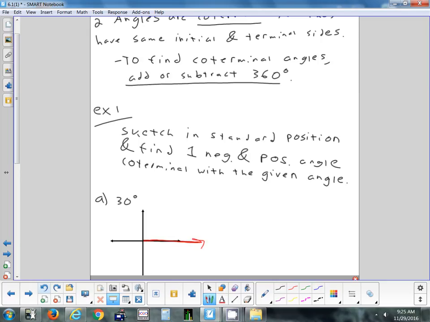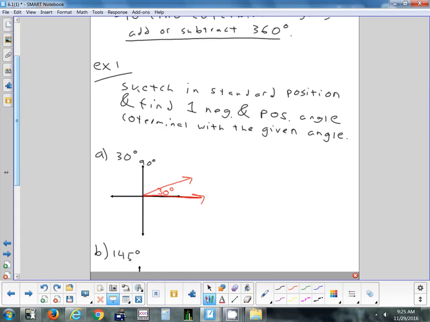If 90 is at the top and this is 0, 30 is a little less than half. So maybe something about like that. That's a 30-degree angle. And you do have to make sure you put that little circle on it if you're measuring in degrees.